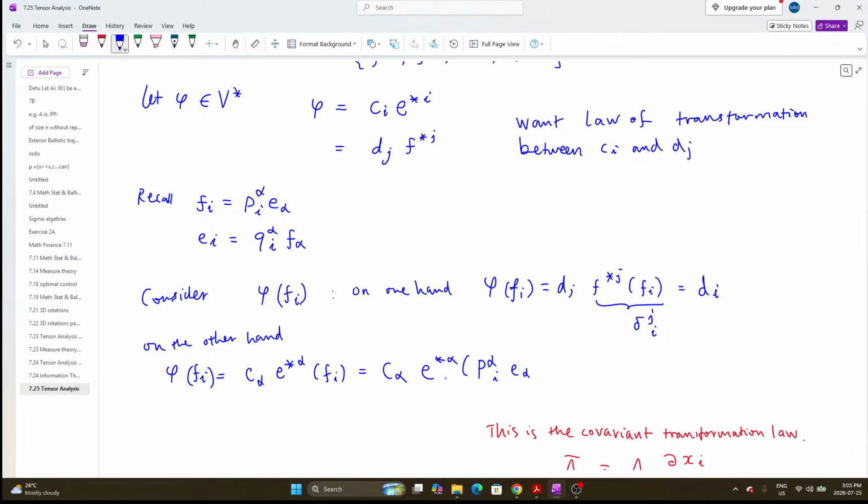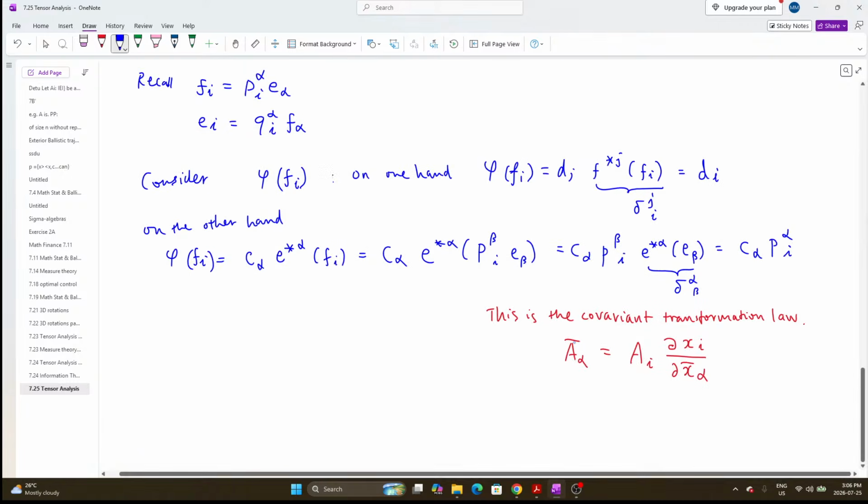Actually, alpha is used again, that's not good, so let's use beta inside the bracket, okay? Change that. Okay, and now use linearity, pull out the coefficient. You get c alpha P beta i, e star alpha of e beta. And this is, of course, Kronecker delta, delta alpha beta. Replace the index, and you get c alpha P alpha i. That's good.